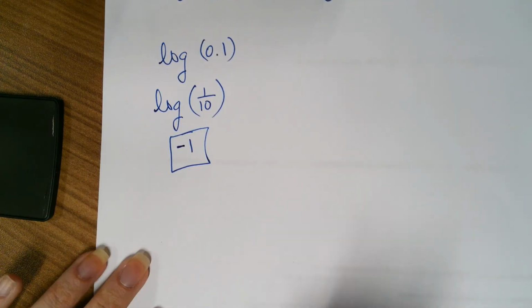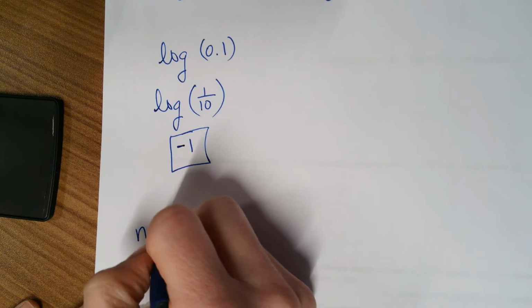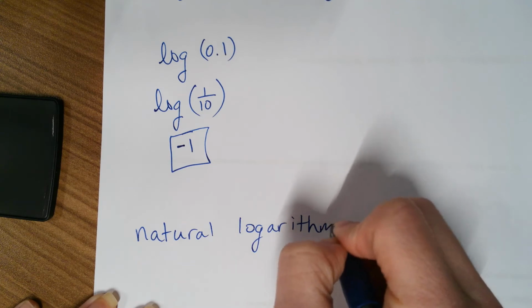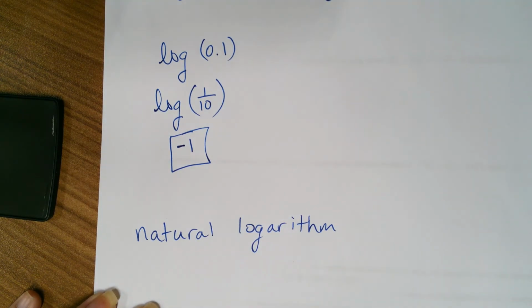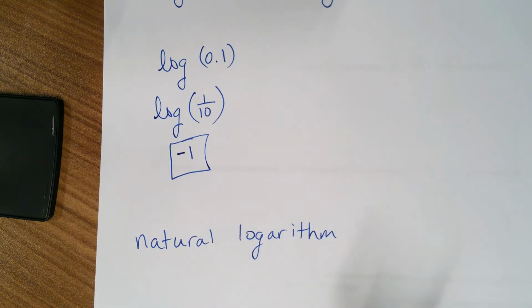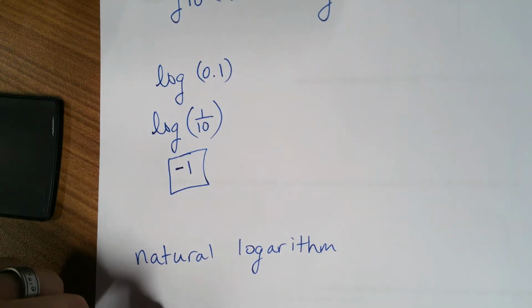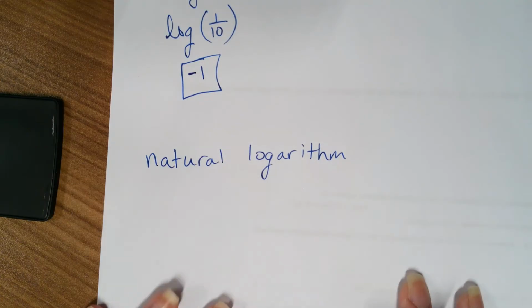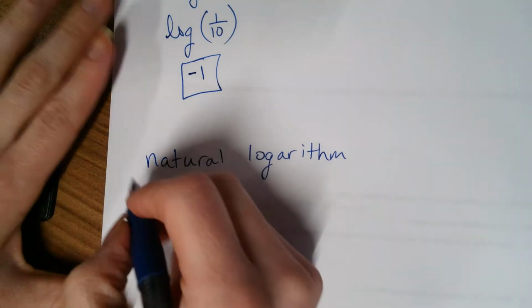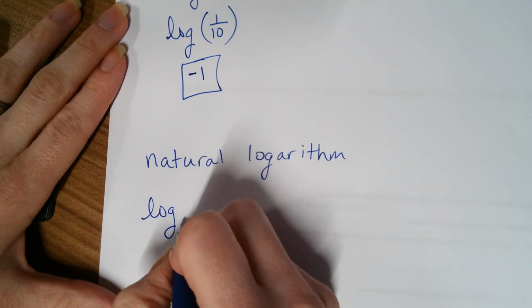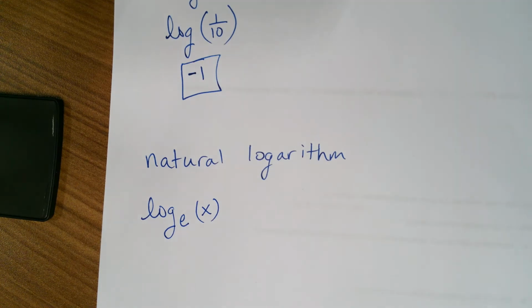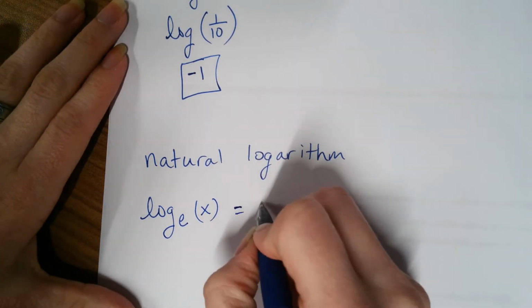The other special base is the natural logarithm. These two, the base 10 and the natural log, are going to be the ones you're going to find on most calculators. There are some fancy calculators now that allow you to put in the base, but most of them don't. So the natural logarithm is actually log with a base of e, so log base e of x, if you will. But again, you're never going to see it written that way.